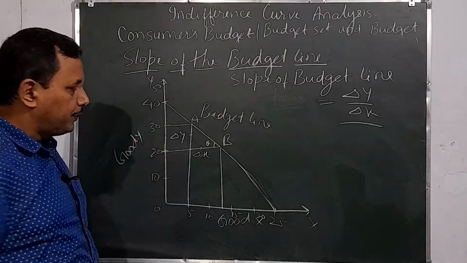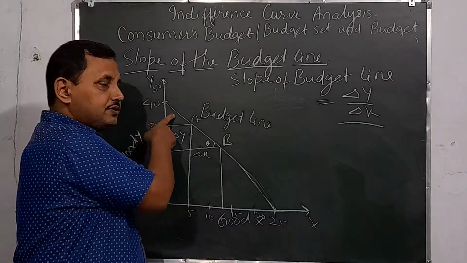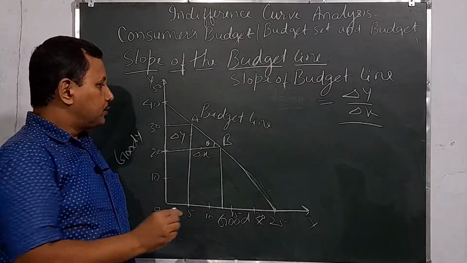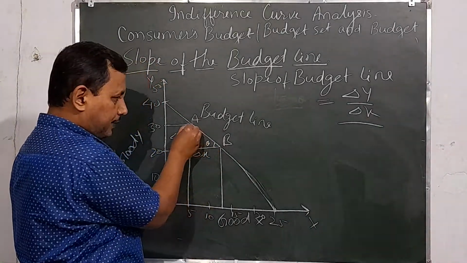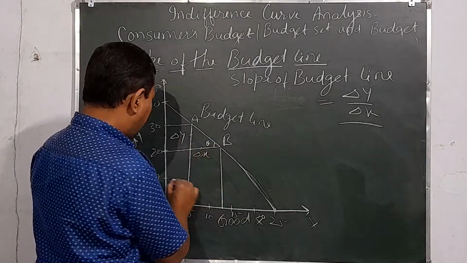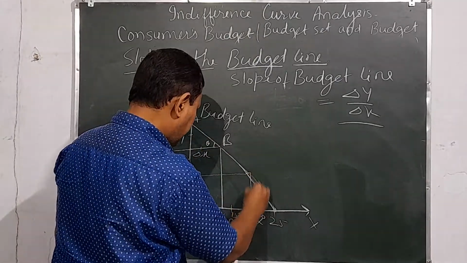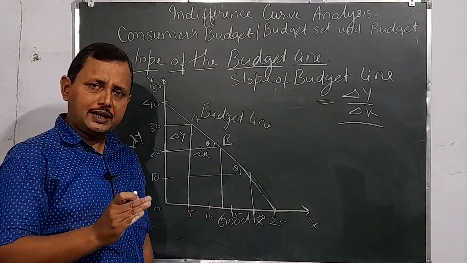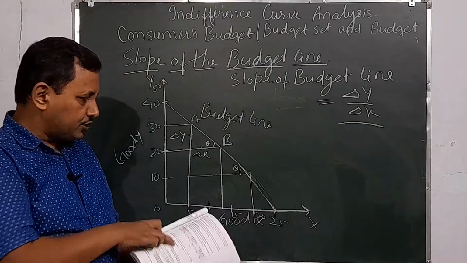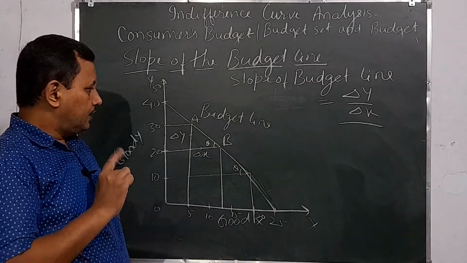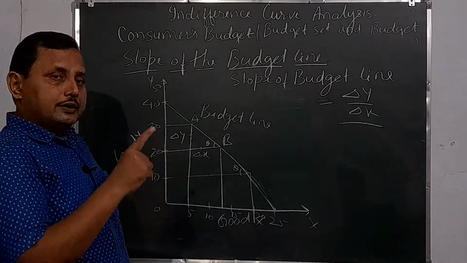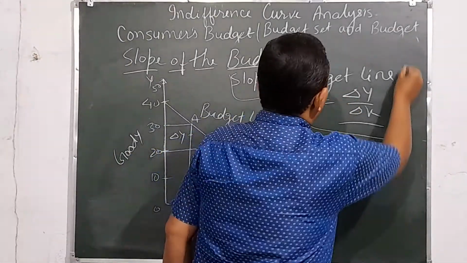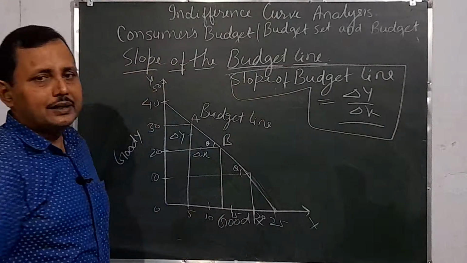The slope is constant throughout this line because this is a straight line. It doesn't matter whether you measure the slope between A and B or at any other point; the angle will be the same, so the slope of the budget line remains constant. This is one way of representing the slope of the budget line. So learn it: slope of the budget line is delta y by delta x.